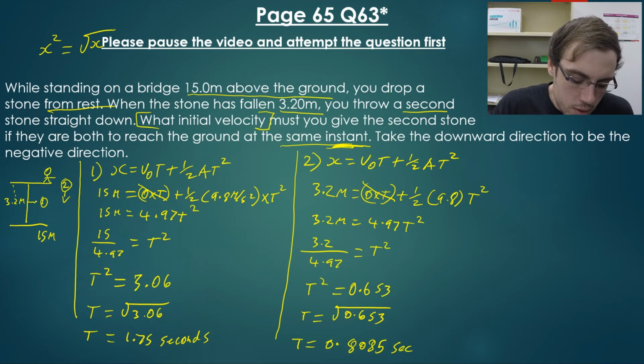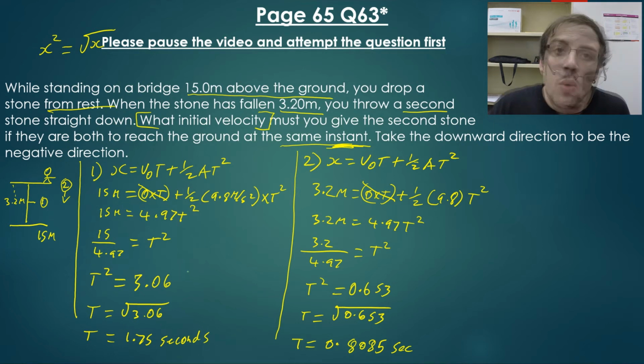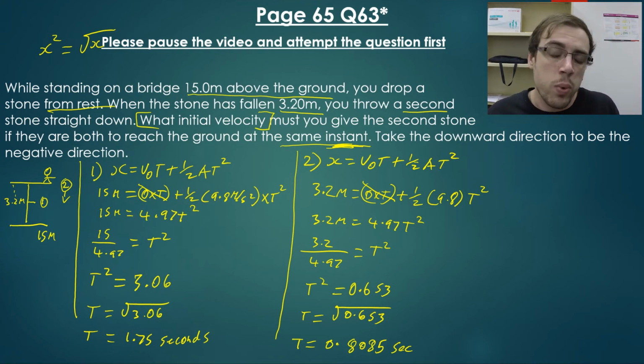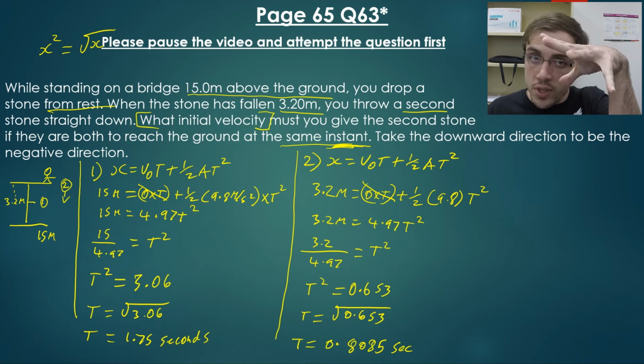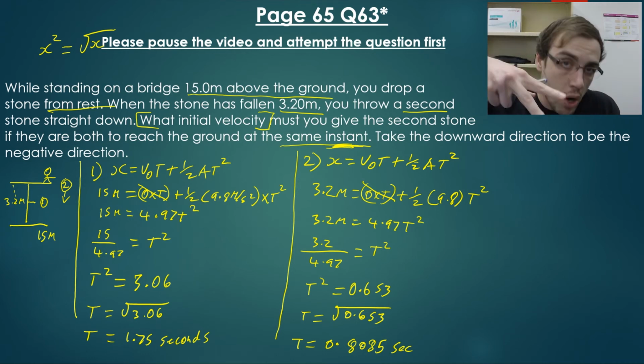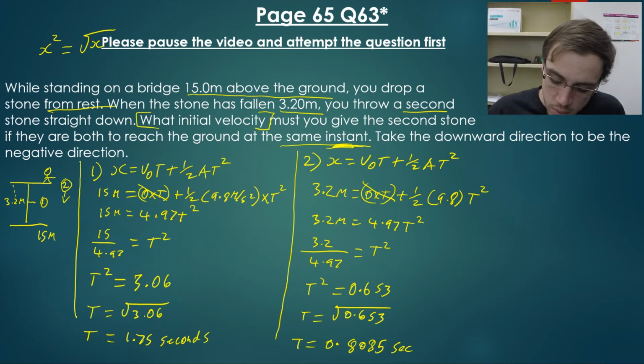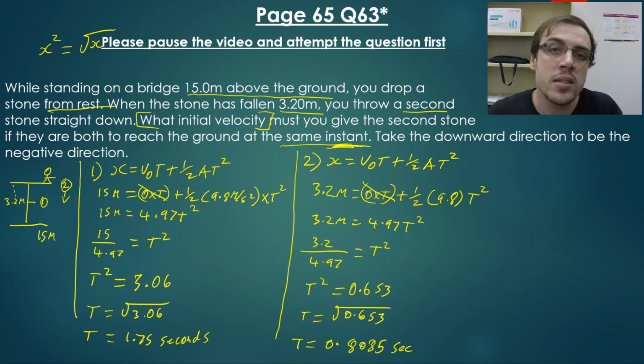So what we just did there was find out that for our first stone to travel from the very top all the way down to the very bottom will take 1.75 seconds. We also found out that it took the first stone 0.8085 or 0.81 seconds to travel from the very top to that 3.2 meters. So that means that between the first stone being dropped and the second stone being thrown, there was a 0.81 second delay.